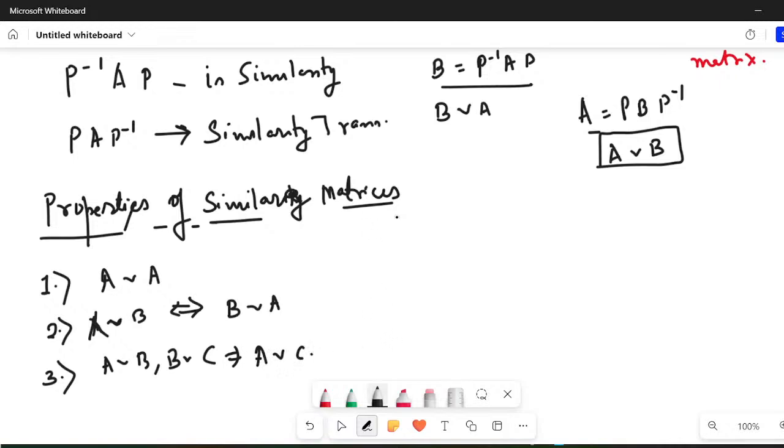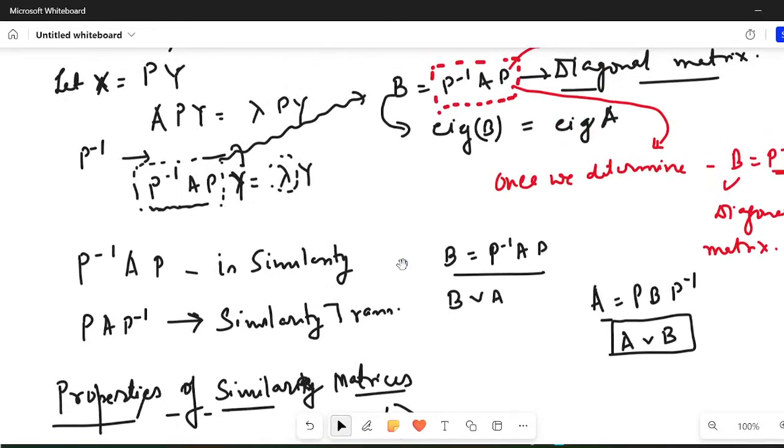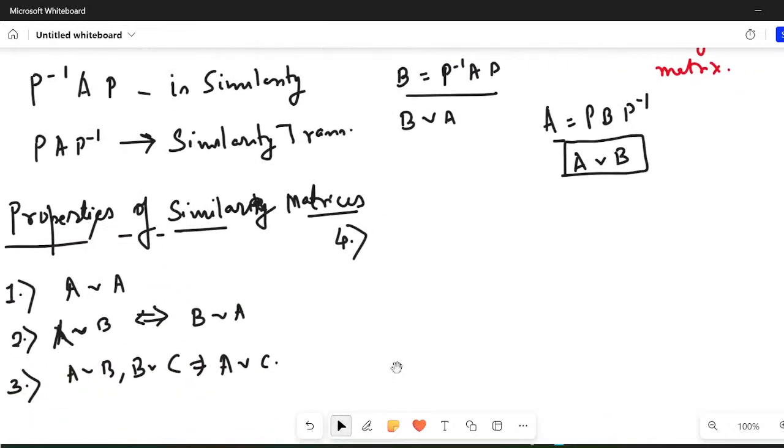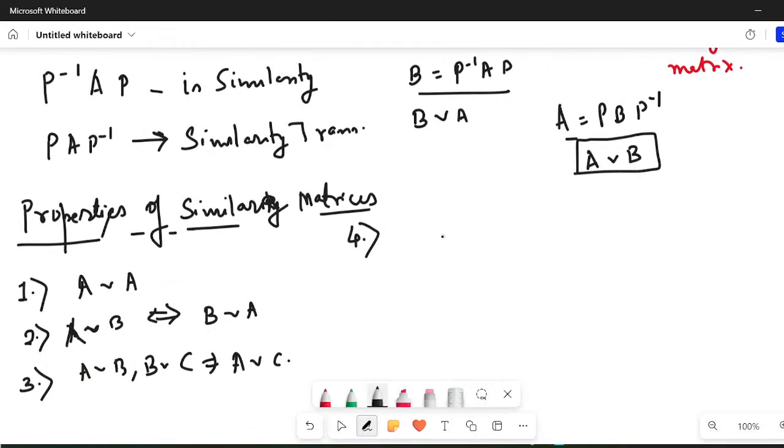Now, one of the important properties is this. Always remember, as we saw just a little bit before, if the matrices are similar to each other, then both of them have the same eigenvalues, and so both will have the same characteristic polynomial as well.